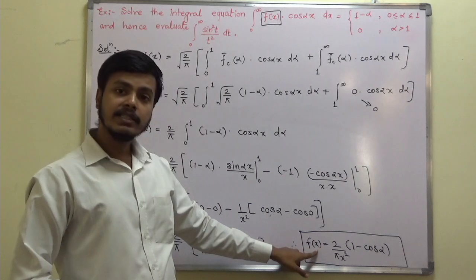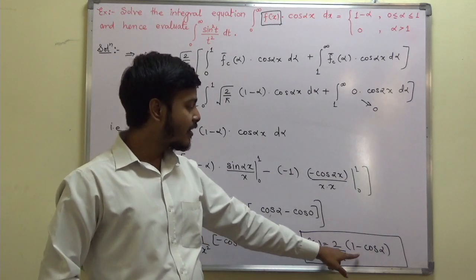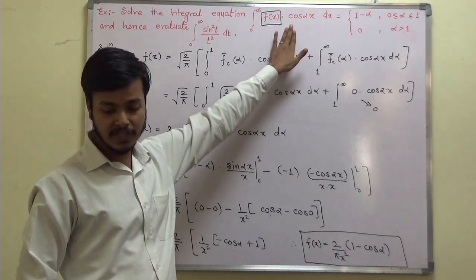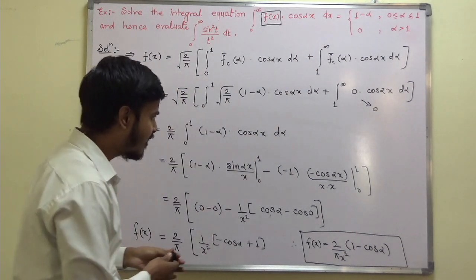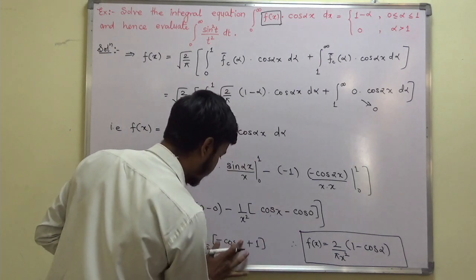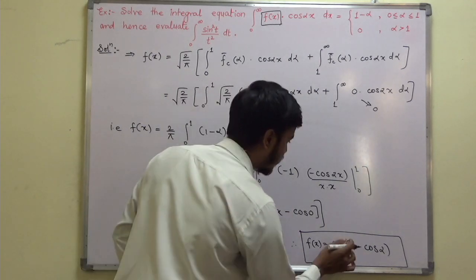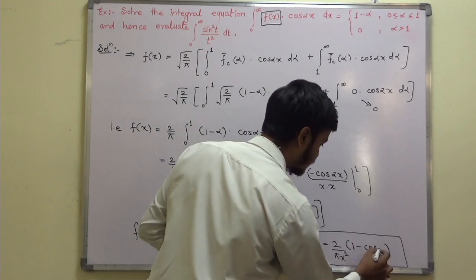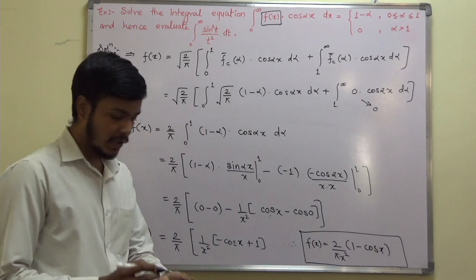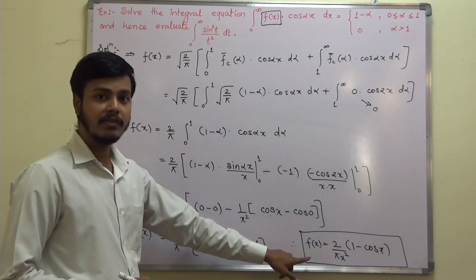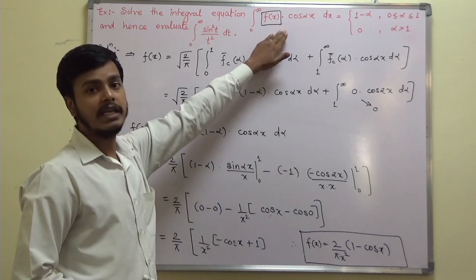This f of x is nothing but the solution of this function. Okay, it should not be alpha, alpha is 1, it should be x, sorry, because we have integrated with respect to d alpha, this should be x. Yeah. Okay, so 2 by pi x square 1 minus cos x. So this is my solution of this integral function.